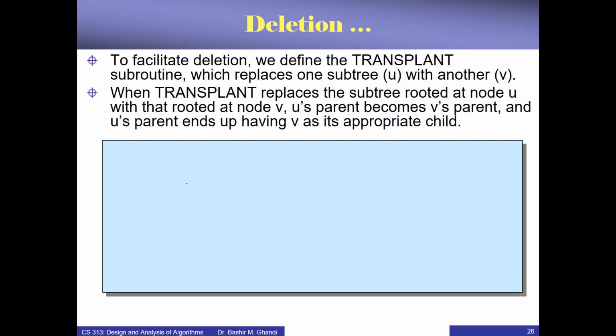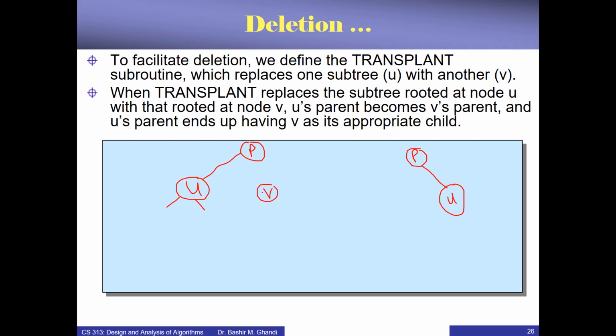We have U. Now U could be a left child of some parent, let's call it P, but it could also be a right child of P. So this is U. Now we want to replace U with another node V.